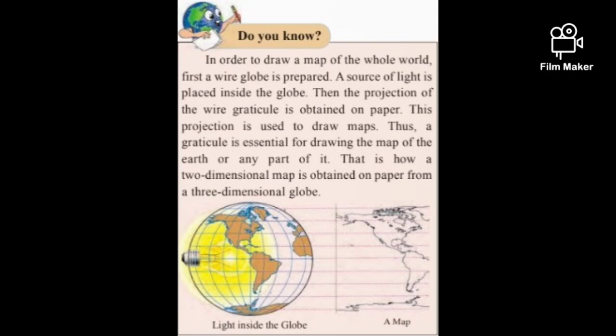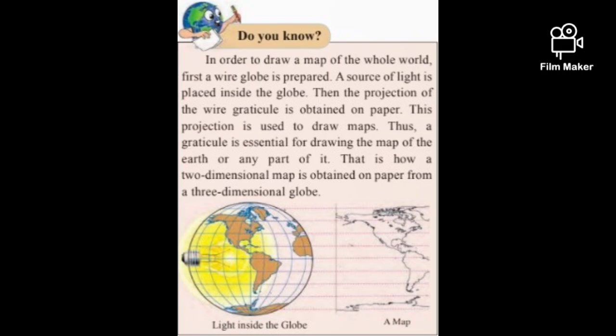The light is focused on the globe. On the other side, you can see a screen, same like a projector in a movie theater. You must have seen that. Behind there is a projector. When it's on, you can see the picture on the big screen.